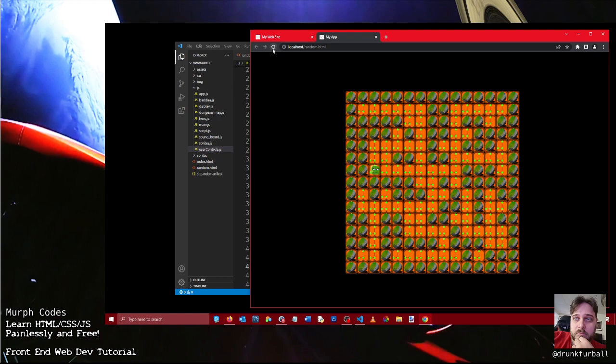There is a possibility of glitching him through the wall, though. And also, if you get to midpoint here, there we go. See?